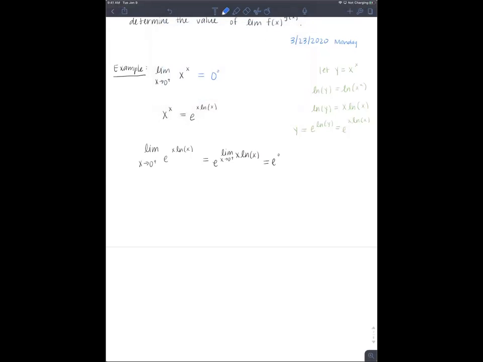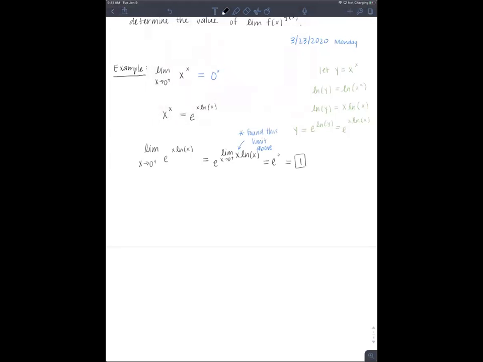We found this limit above, the one I starred. What is this equal to then? Yeah, this is 1. So the limit as x approaches 0 from the positive side of x to the power of x is equal to 1.